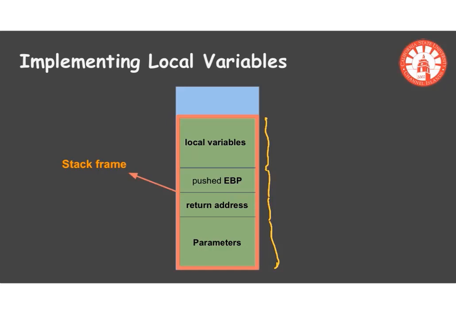Therefore, all these places in the stack assigned for that given function, we call the stack frame. Therefore, we can say for each function in the stack, we have a dedicated frame.